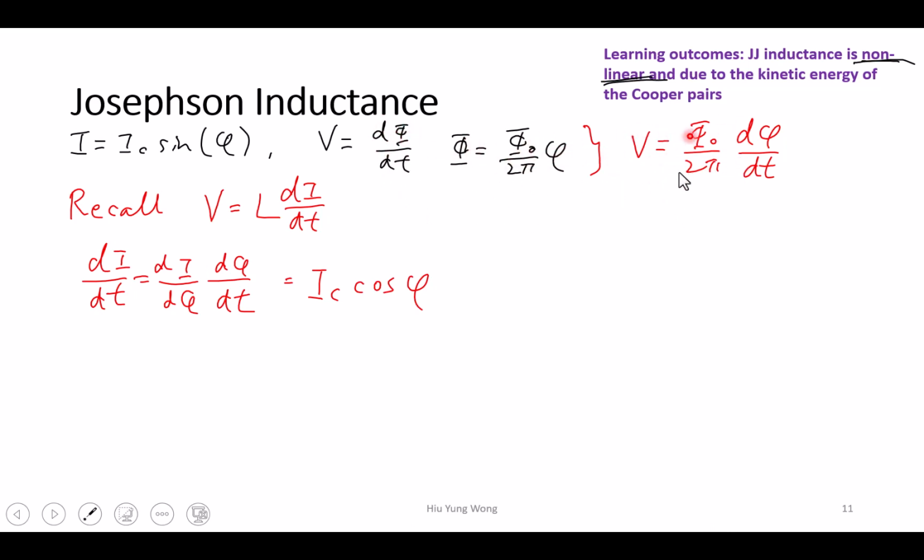So now let's go back to here. What is d phi dt in this case? This one is simple. d phi dt is equal to V divided by phi naught divided by 2 pi. Is this okay? d phi dt equals V divided by the whole thing.